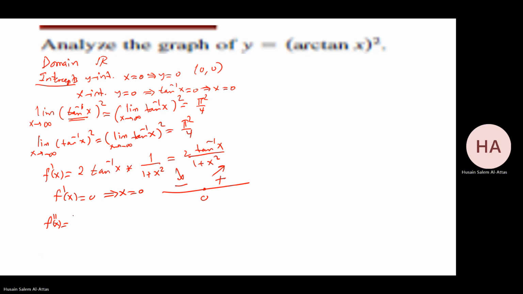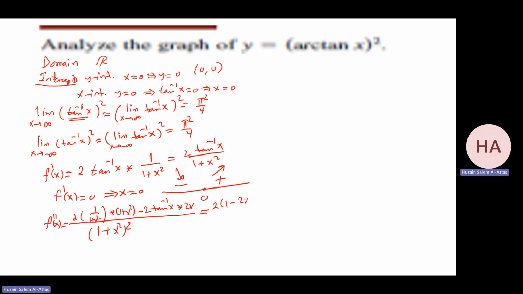It will be 2 times the derivative of the numerator times the denominator, minus the numerator times the derivative of the denominator, which is 2x, over 1 plus x squared all squared. So that will be 2 times 1 minus 2x tan inverse of x over 1 plus x squared all squared.